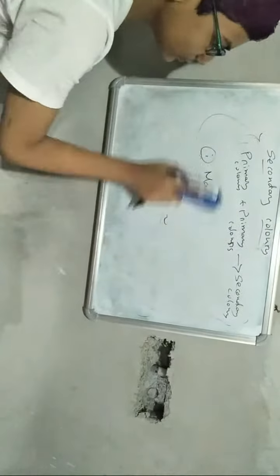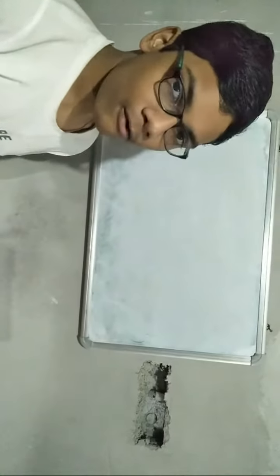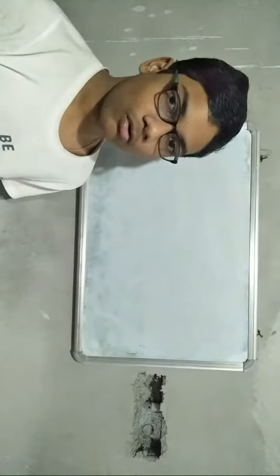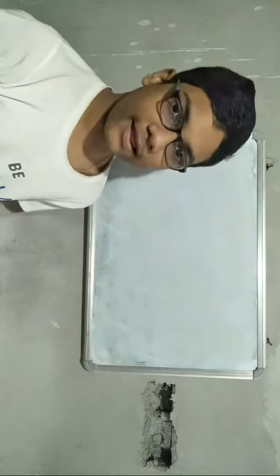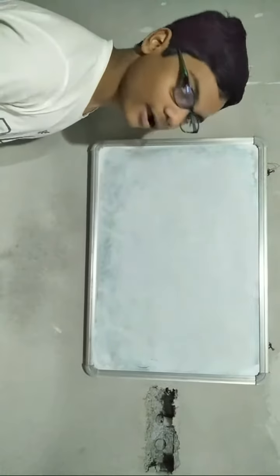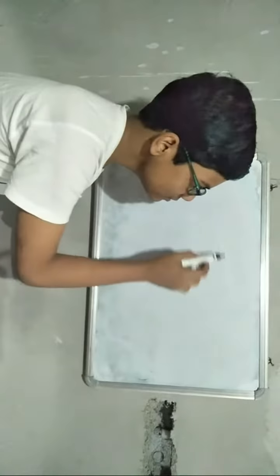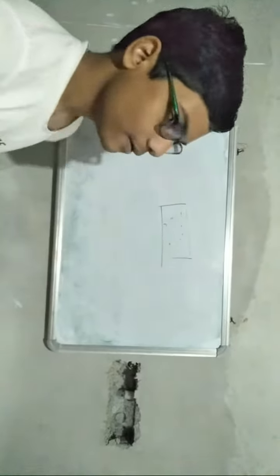Now, if you wonder how a color TV works, this is not the black and white TV of the old model. In a color TV there are very small dots, many dots are present.